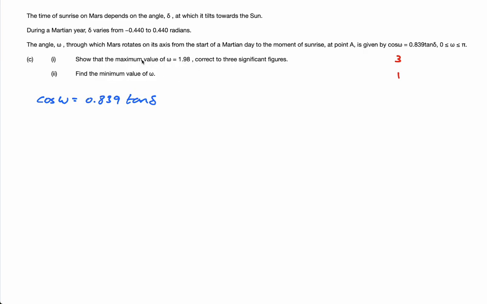Okay, so delta varies from negative 0.440 to 0.440. So cos of omega varies from 0.839 tan of negative 0.440 to 0.839 tan of positive 0.44.